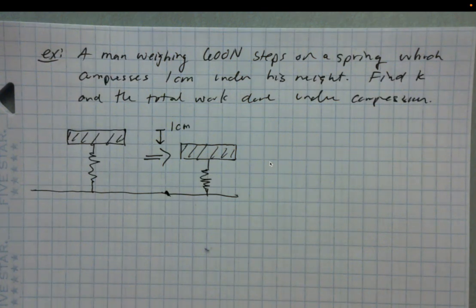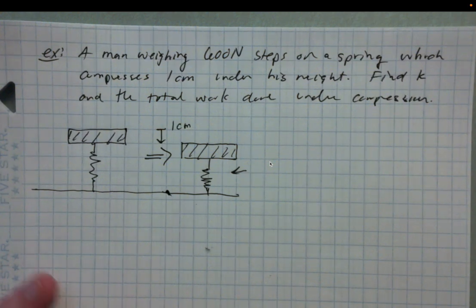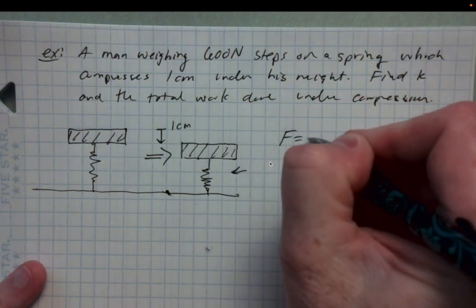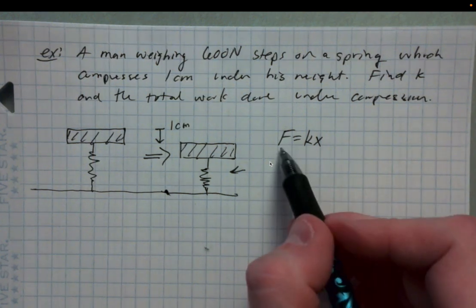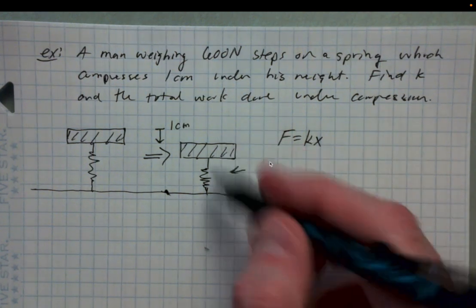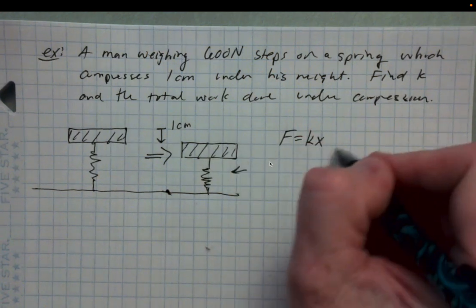So then the question is, first of all, what's the nature of the spring if this is the case? And then second of all, how much work was done in compressing the spring this distance? Okay, so we know that force is equal to k times x in the case of a spring, right? And so the force here is 600 newtons. Let's make everything negative, so it'd be 600 newtons in the negative direction, right?